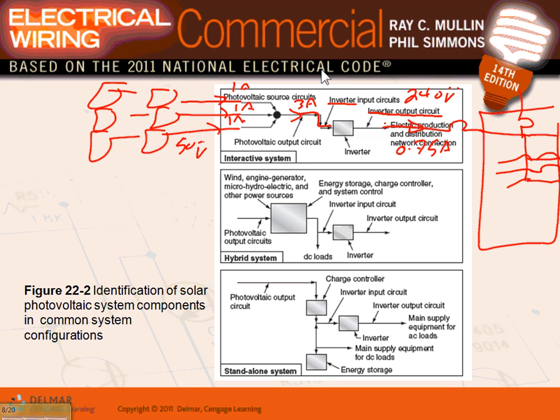Any question, guys, about how the system is put together? We generated the amps at the voltage that we want, bring it to the inverter, invert it back, dump it into the grid. This is what we call interactive, the most common one. Now let's go to the standalone. Then there's another system, this is if you want to dump it to the grid. The standalone system, look what they do, guys.